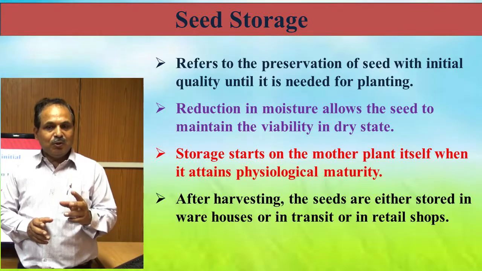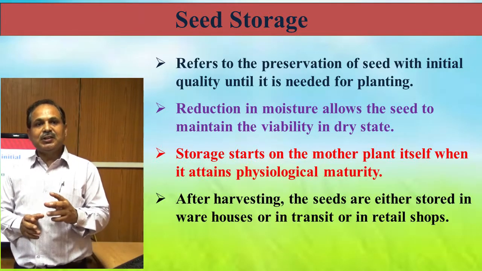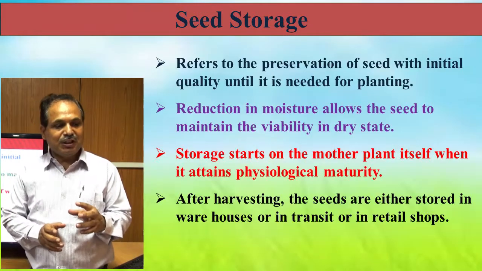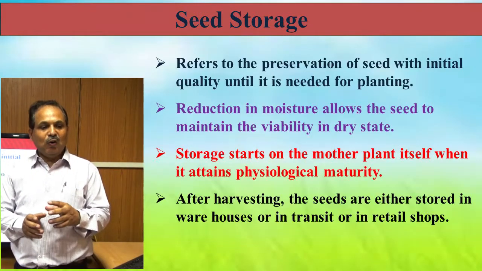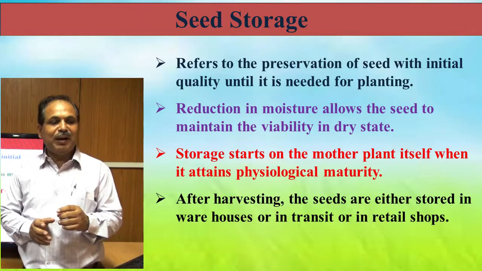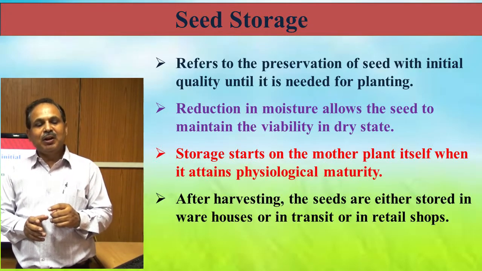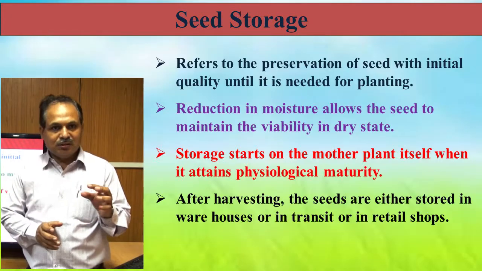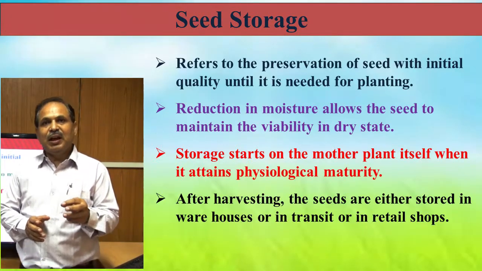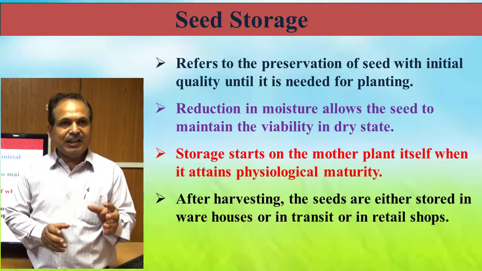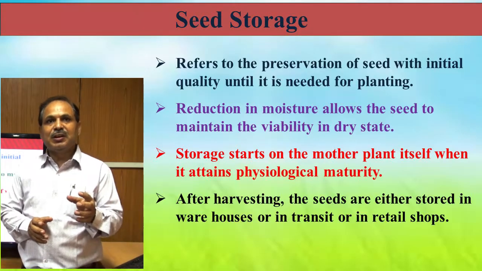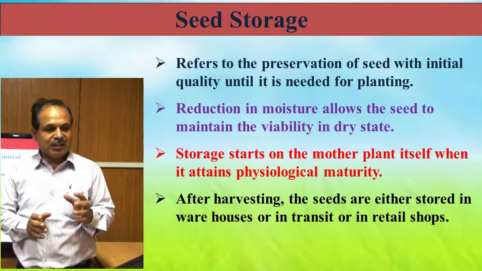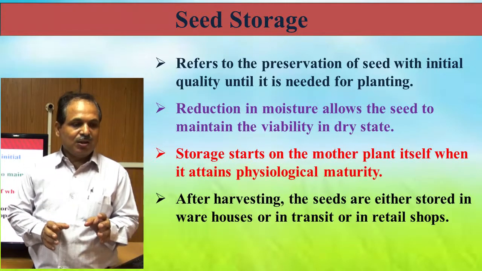So we know that seed moisture is very important. Reduction in seed moisture is always essential for maintaining viability, because dry seeds stored in storage are in a dry state in which the metabolic activity of seeds is suppressed.